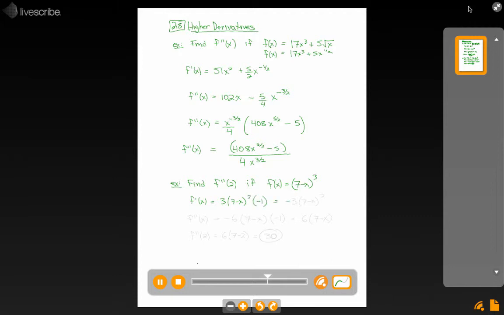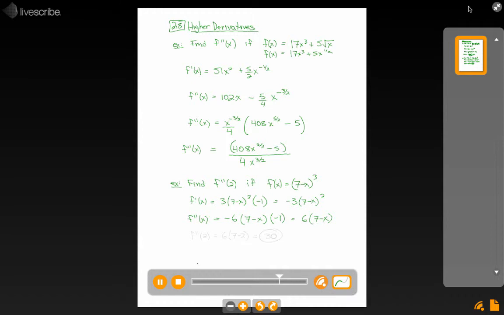And I could write that as negative 3 times 7 minus x squared. The next derivative of that is going to be 2 times negative 3, so negative 6, 7 minus x to the 1 times negative 1. So positive 6 times 7 minus x.